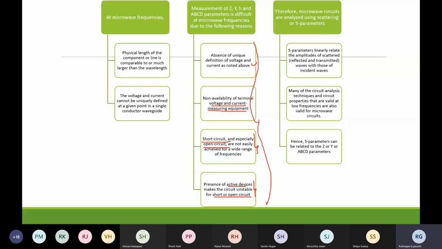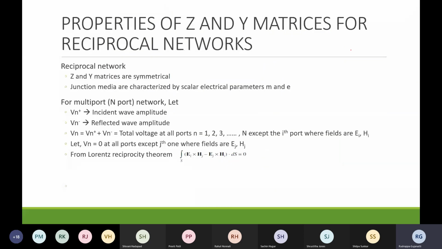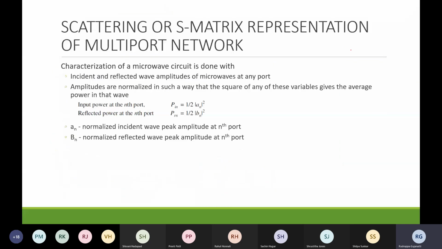So because of these, we go ahead with the S parameters, which help us identify the characteristics of the microwave network. Here we have the scattering or S matrix representation considering an N-port or multi-port network.